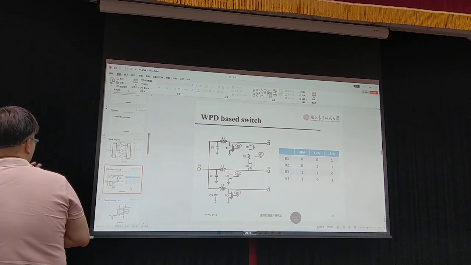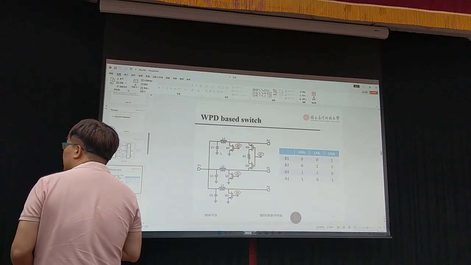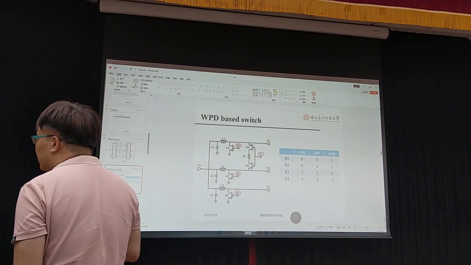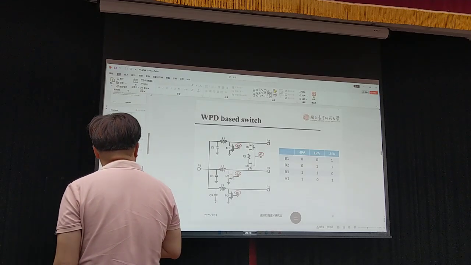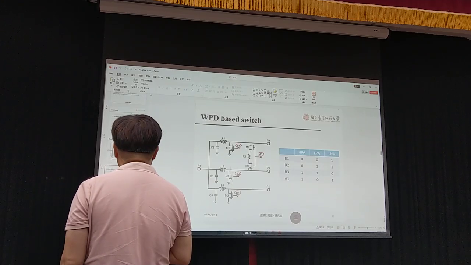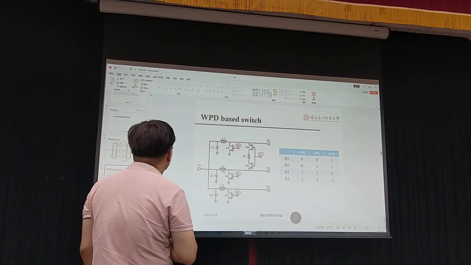May I know how to achieve the isolation between these three? Yes. As I present, if the transistor is on, it's shorted to ground, and the LC will become an oscillation tank, and this will provide a high impedance.